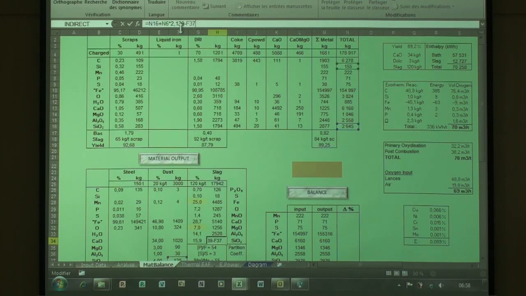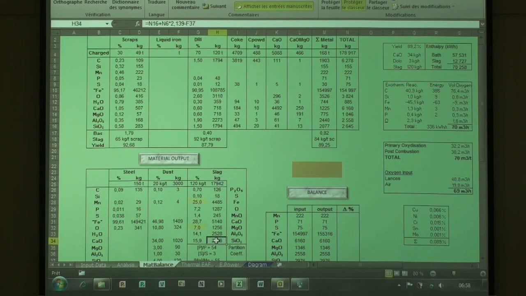That means that's the meaning of the 2.139. This is to convert the silicon into silica. Minus what is going into the dust. Alright?